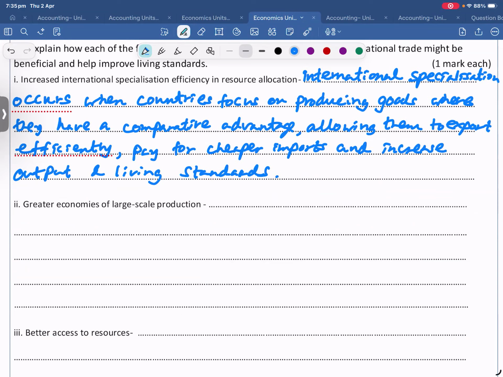Next one is, guys, economies of large scale production. What do you think?